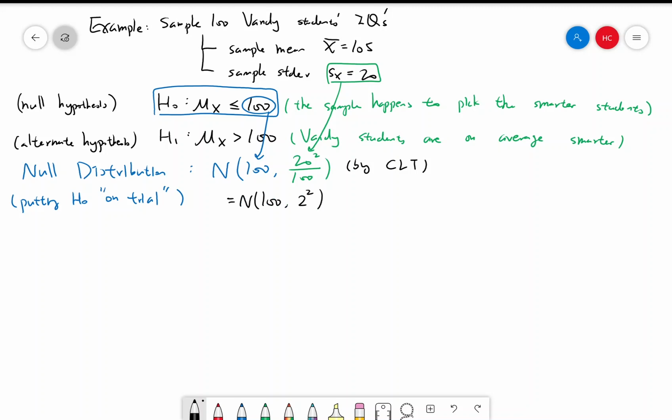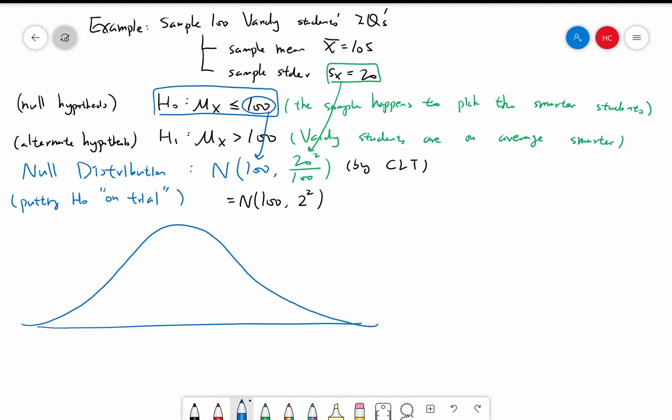So now let's graph the null distribution. This is a normal distribution with mean 100 and variance 2 squared. And our sample mean is 105, so let's draw this here. Then the p-value is the area of this tail.